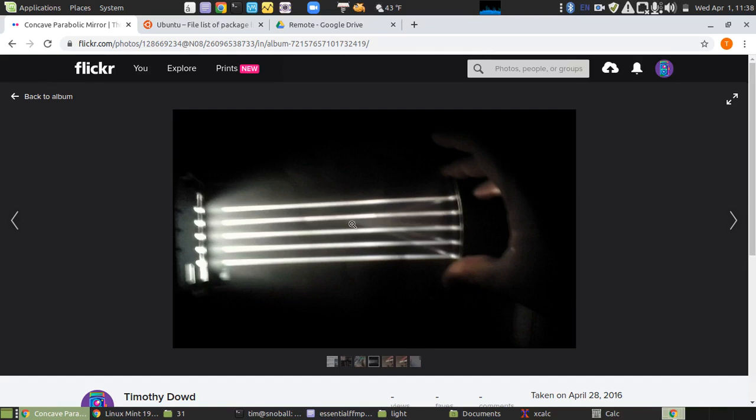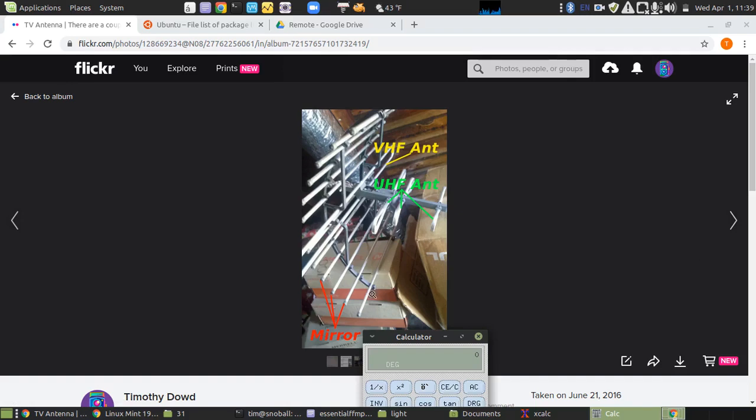Let's see what that looks like on the mirror with the TV antenna. Because of the shape of this mirror, it's not going to reflect all waves of different wavelengths to the exact same place, and that's why the different dipoles are in different places. But in general, the waves will come in and be focused onto the appropriate antenna for each wave, and then we'll get a stronger signal.